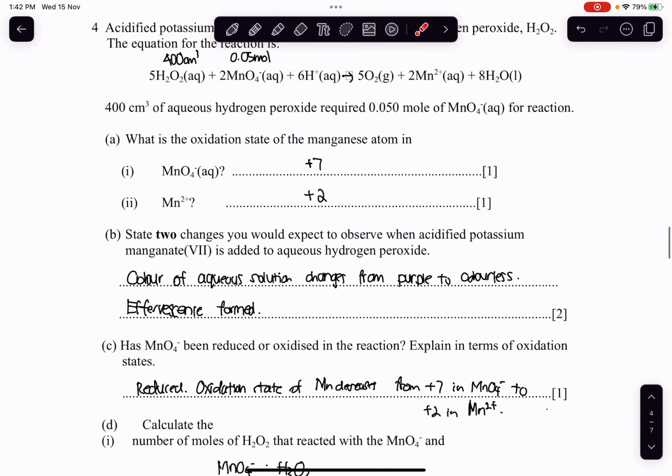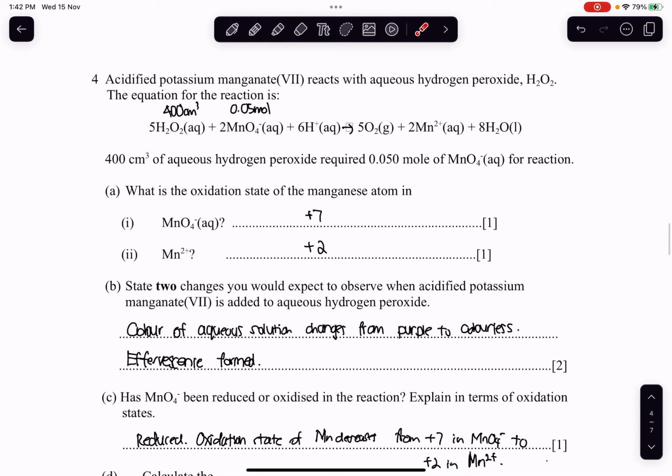Okay, now for question 4. You have acidified potassium manganate(VII), same as earlier, but this reaction is with hydrogen peroxide. The equation is given. 400 cm³ of aqueous hydrogen peroxide, this is your H2O2. Remember, the formula is given in the question, so please read.